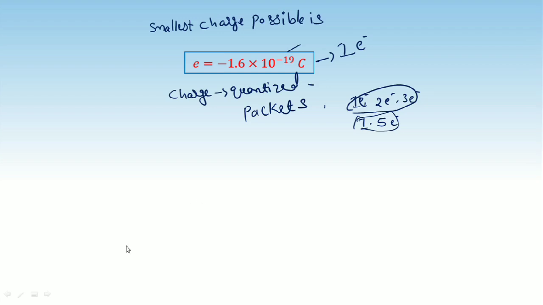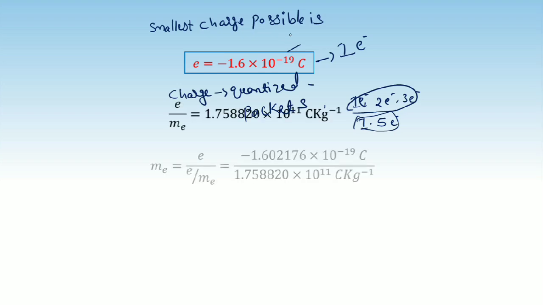After finding the charge of one electron, Millikan tried to find the mass of an electron.